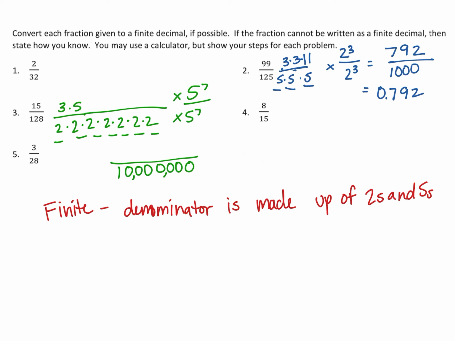And on the top, when we do 3 times 5, and then times that by 5 to the 7th power, we get 1,171,875. So as a decimal, when you divide that by 10 million, you get 0.11171875.